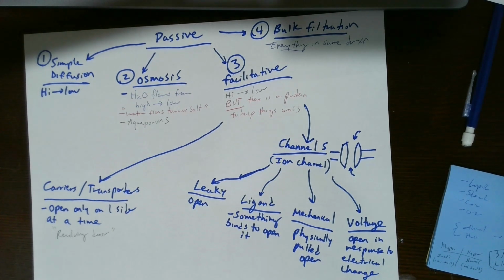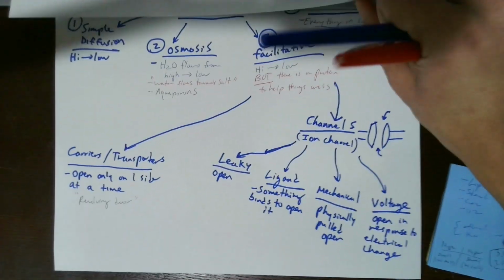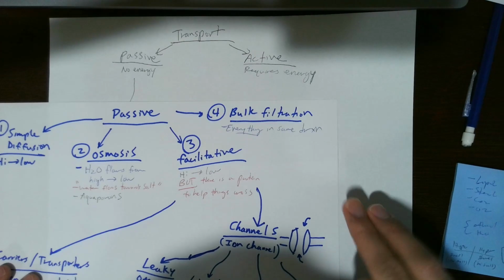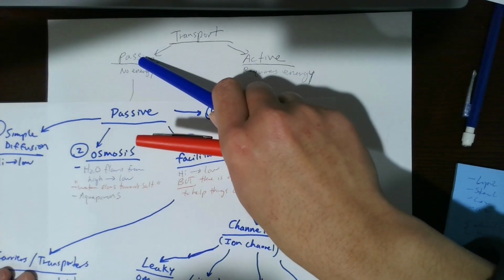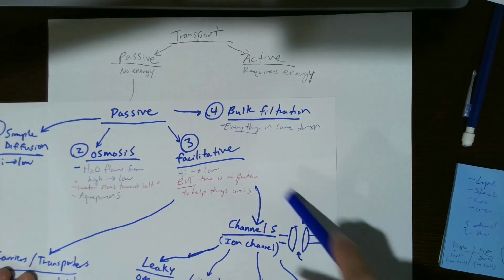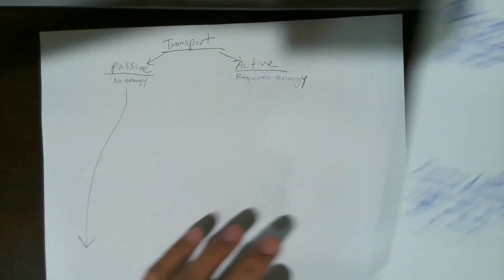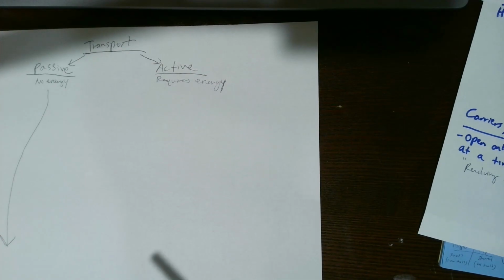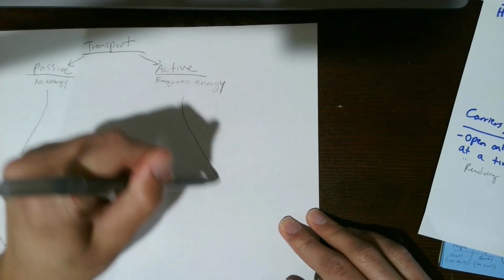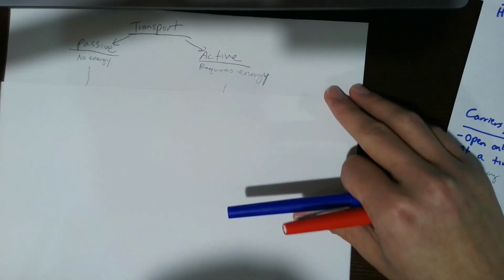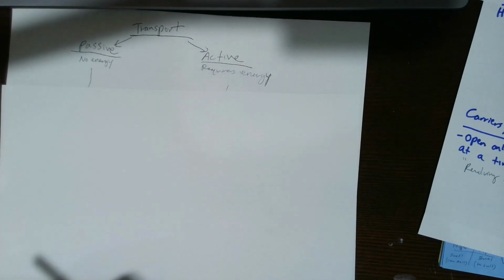Now, remember when we talked about our entire thing of transport, that was passive. Passive was all of these things. Now we're going to talk about active on the other side. I'm going to draw an arrow so we can expand it onto a new sheet of paper. Remember, active requires energy.